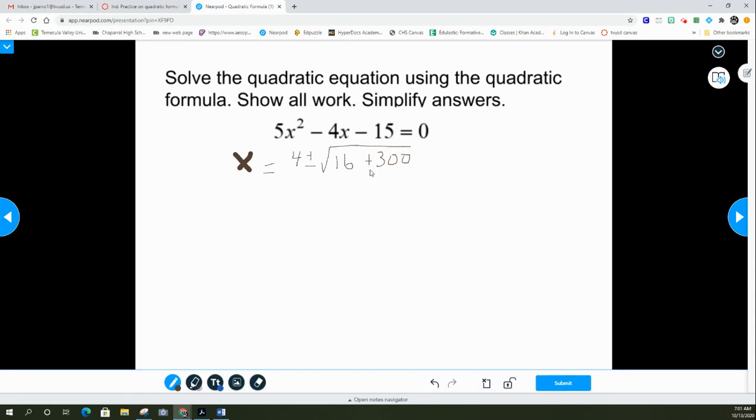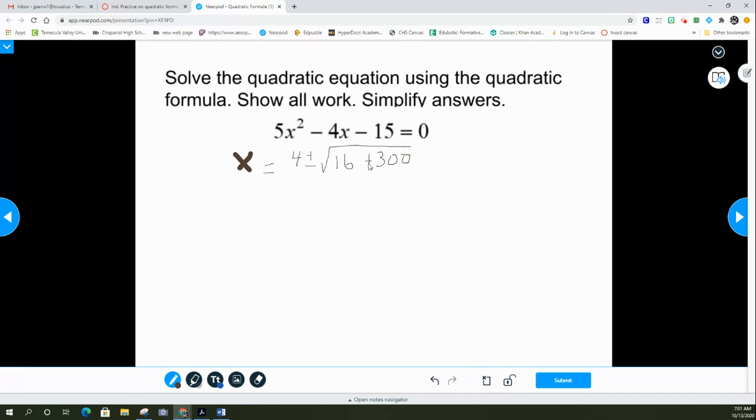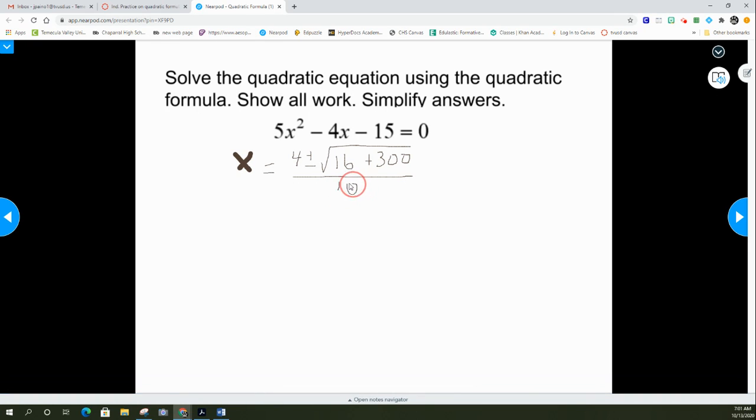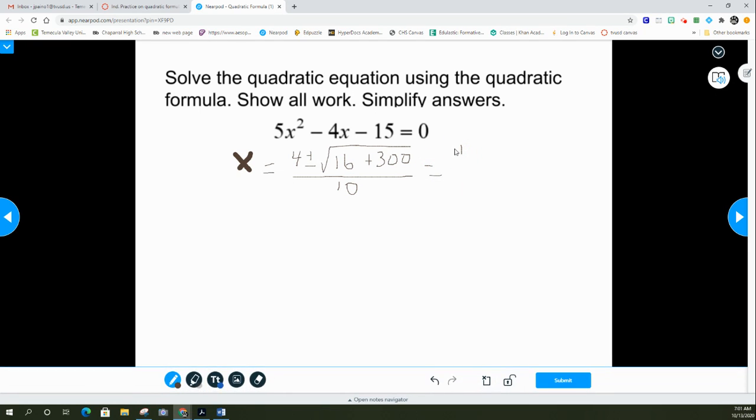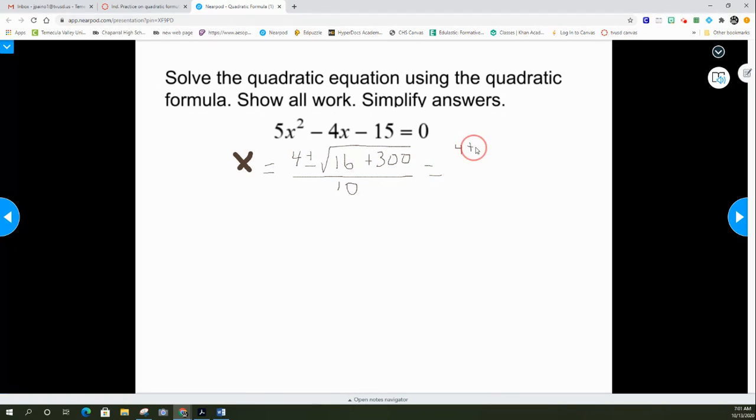If you're going to make a mistake, it's usually with this sign right here. That's over 2a, so 2 times 5 is 10. So we have 4 plus or minus the square root of 316 over 10.